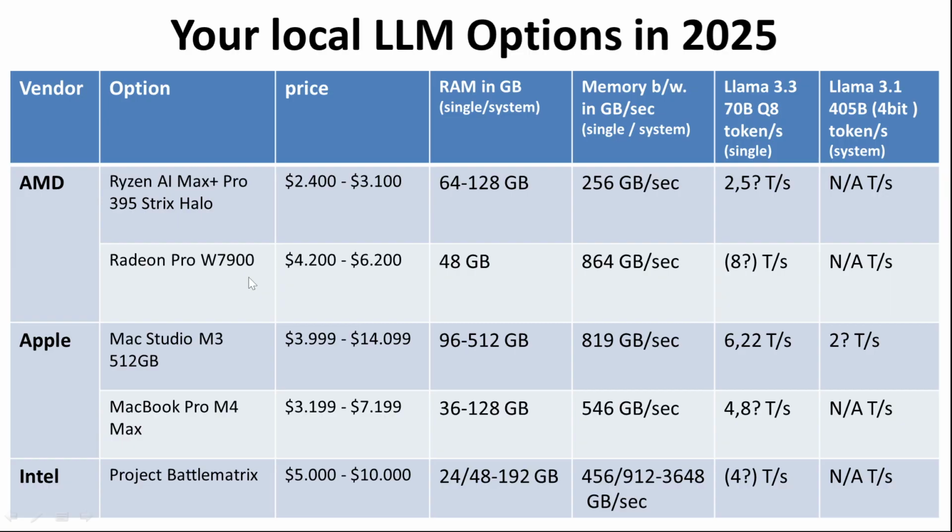And if you need something on the go and you want really solid throughput, consider the MacBook Pro M4. And if you want to be low-end, low-cost, the Ryzen AI Max Plus Pro with a $2,400 price point might actually also get you to 2.5 tokens per second on Llama 3.3 70 billion.